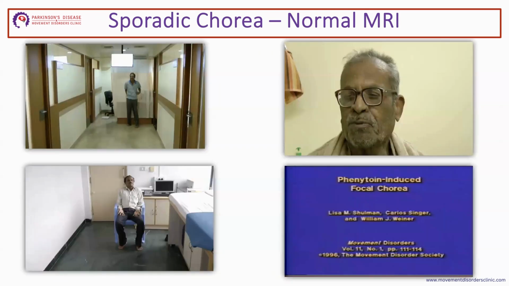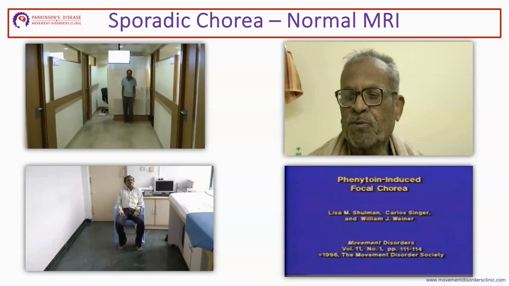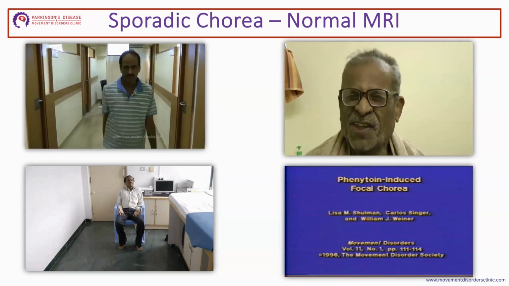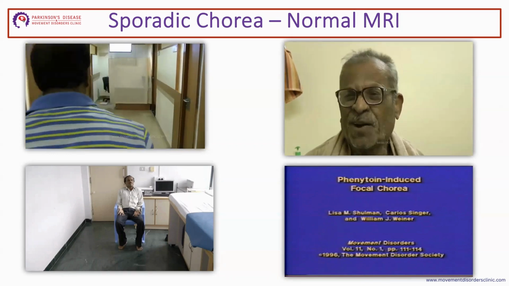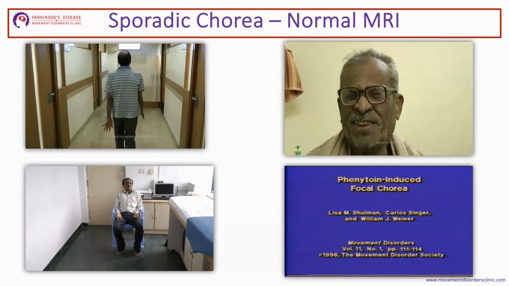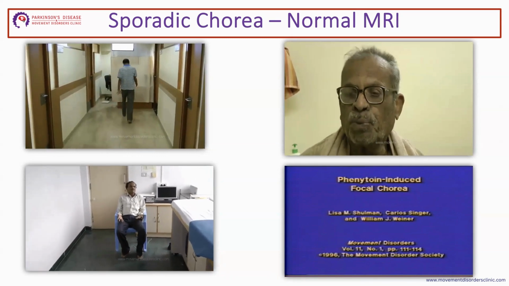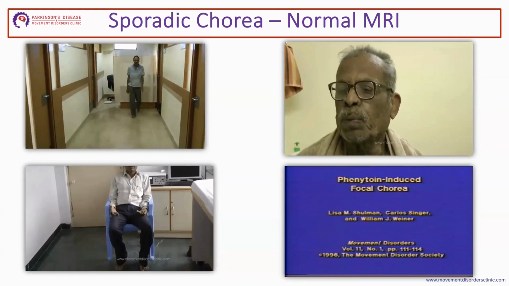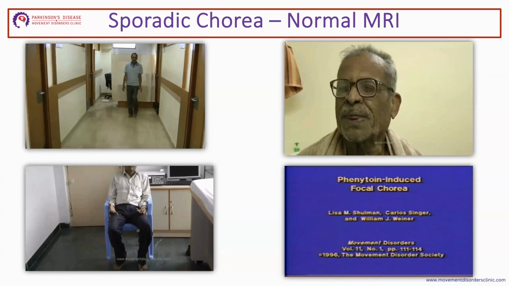There are various medications which can present with chorea as a prominent feature. Commonly among them, what we know is levodopa. Many patients with levodopa-induced dyskinesias, when they come the first time to the clinic, if they don't divulge that they are on levodopa, most of the time end up being considered to have Huntington disease.